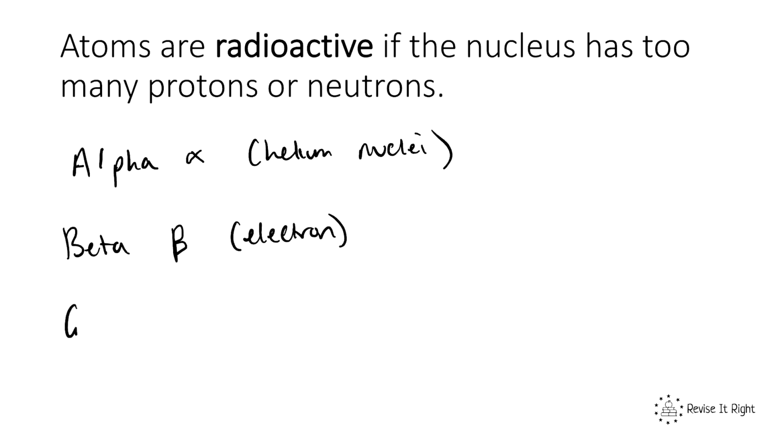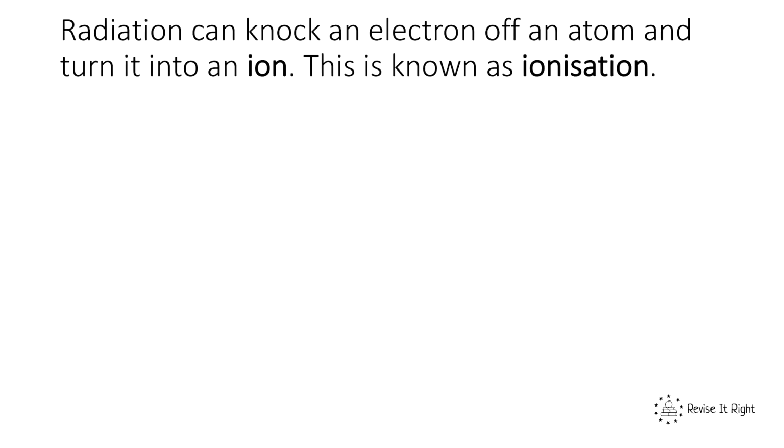And we have gamma, and it's a symbol like this, and it's an electromagnetic wave. Radiation can knock an electron off an atom and turn it into an ion. This is known as ionization. The ionizing power of a radiation source is how easily it can do this.